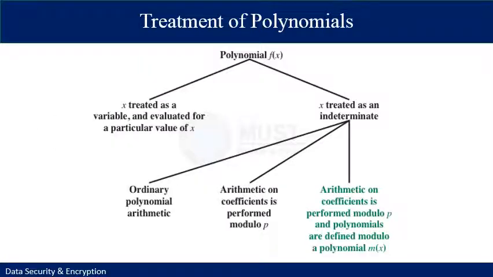You must be familiar with the concept of polynomials. However, to use polynomials in a finite field, we must introduce the interesting subject of polynomial arithmetic. We are concerned with polynomials in a single variable x, and we can distinguish three classes of polynomial arithmetic based on the variable x.